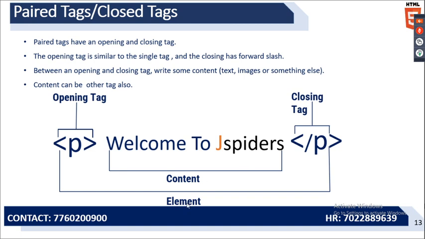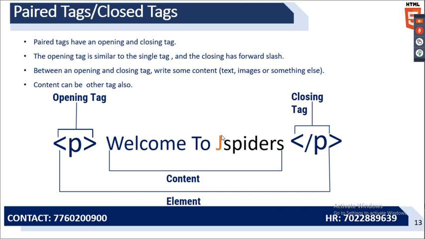Observe here, guys. We have an opening tag, yes? We have a closing tag, right? We have content also. You can add whatever content you want: text, images, something else, and other tags also. I will show you.